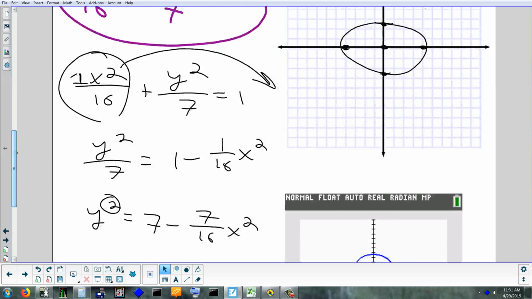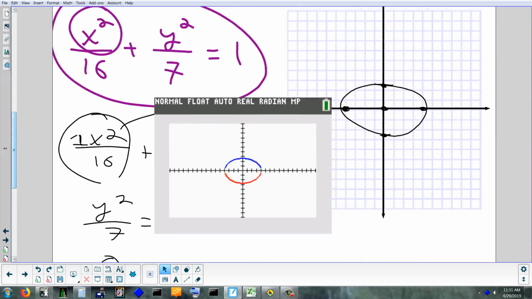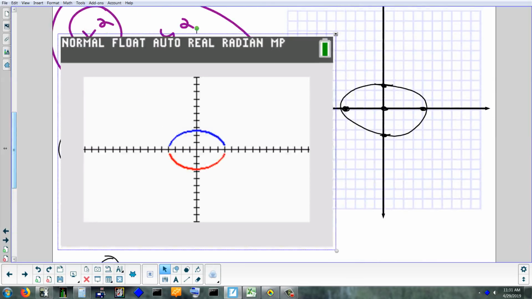Right, so let's check it compared to our sketch. It goes 4 units left and right. 1, 2, 3, 4. Looks good. And it goes about, I said, a little over 2.5 units up and 2.5 units down. That's the distance from the center to the minor axis. So that's what it should look like, but it should connect. Okay.